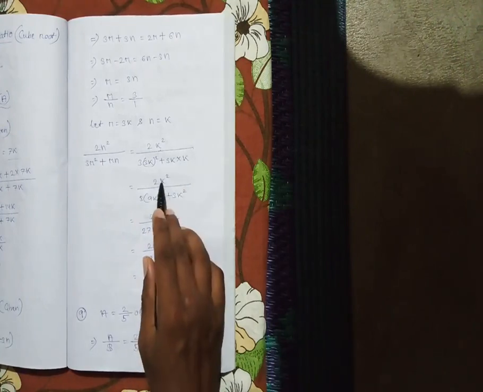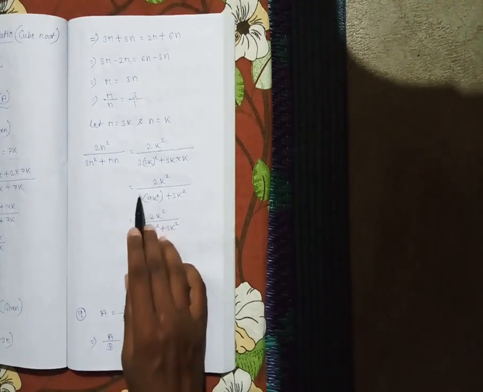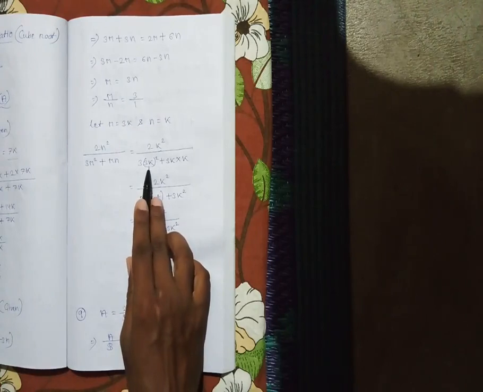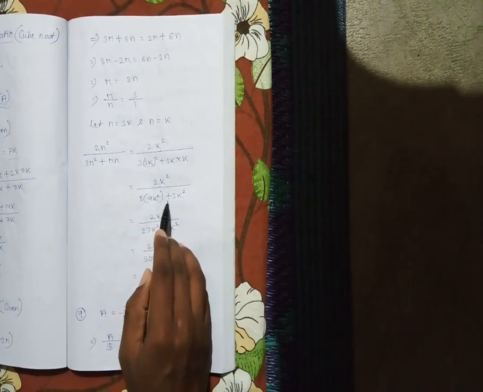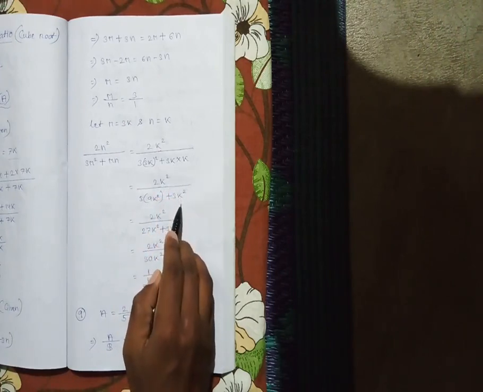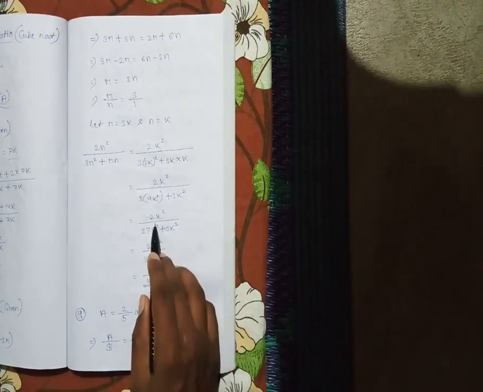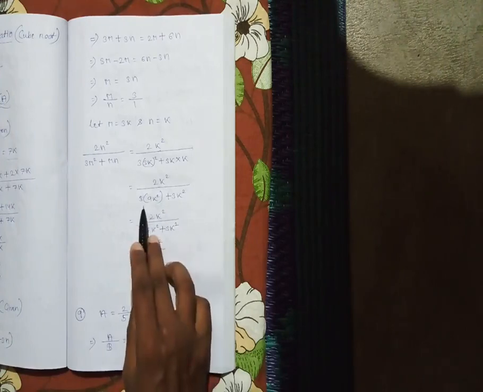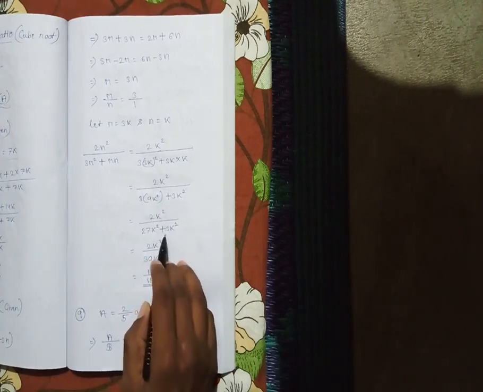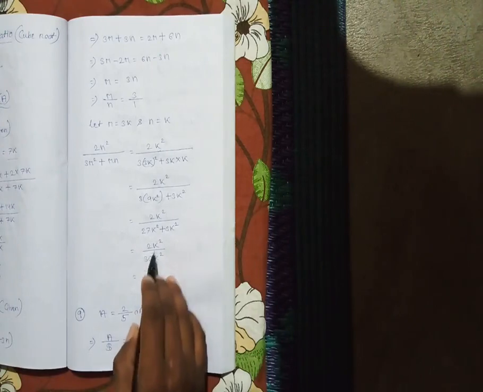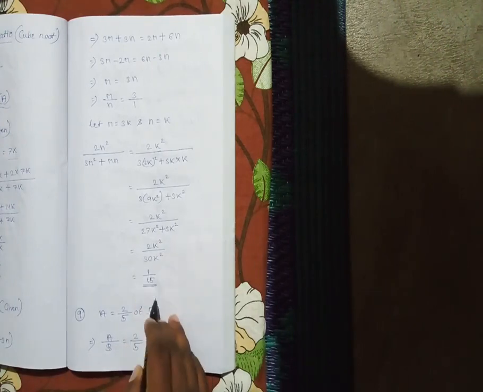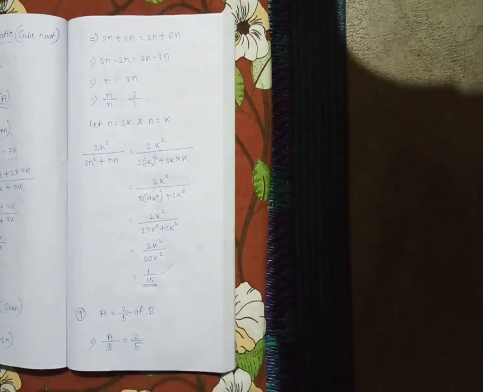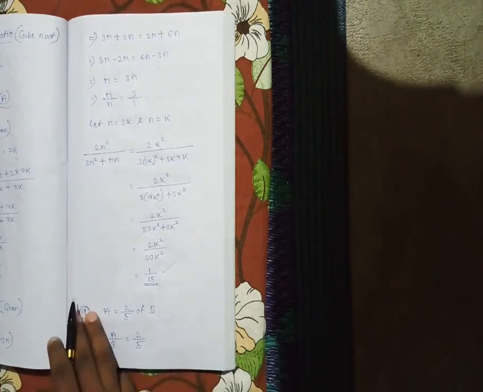We get 2k square by 3 into 9k square plus 3k square, that is equal to 2k square by 27k square plus 3k square. So 2k square by 30k square, k square cancel, 2 by 30 is 1 by 15. This is the required answer.